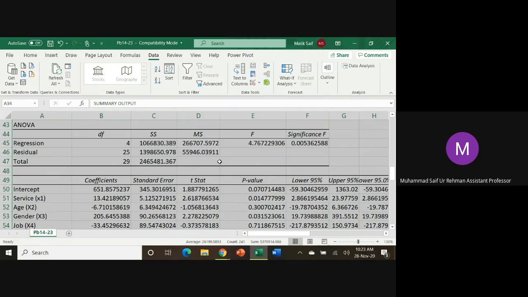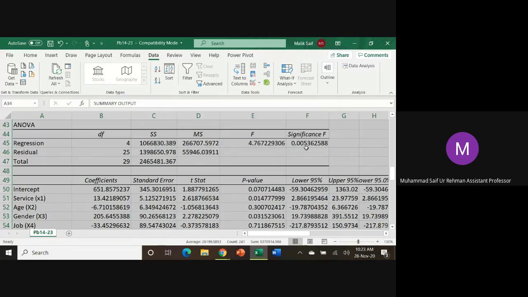So we have already explained this concept, that if we reject H naught in this case, that will mean that we are going to accept the alternate hypothesis. So if you see this significance of F, or probability value of F statistic, or P value, you can see that it is less than 5%.